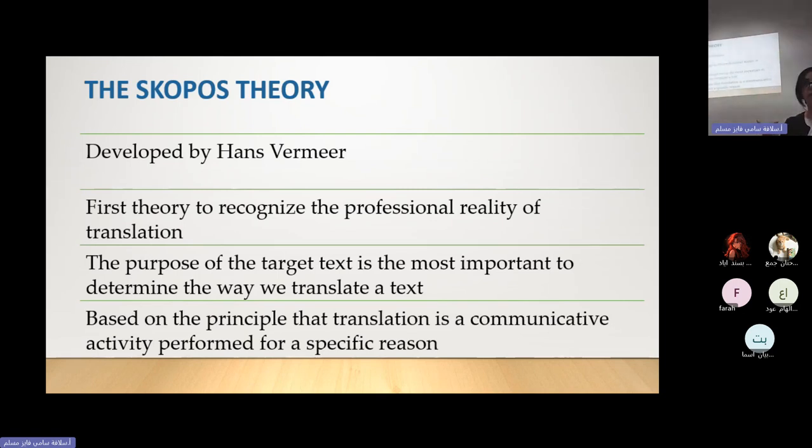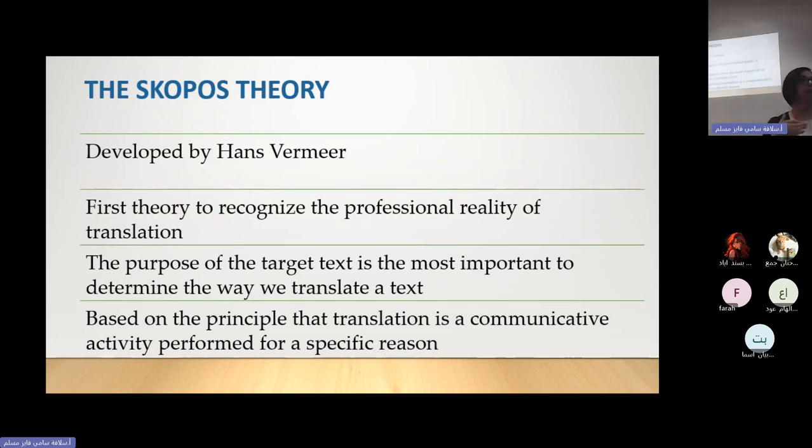In the beginning, when the world of translation began, no one talked about the translator. No one knew who the translator was. They didn't care who the translator is, what he does, what his emotions are, how he translates.